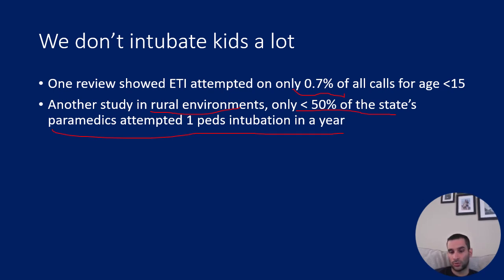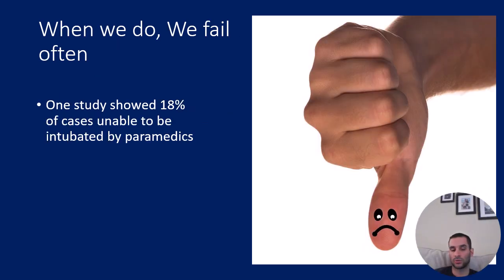And the truth of the matter is any procedure in medicine that we don't do often, we're not going to be good at. And the evidence shows that to be the case for this as well. We are not good at intubating kids. In fact, in this study, 18% of cases were unable to be intubated by paramedics. That's pretty high. It's almost one in five.